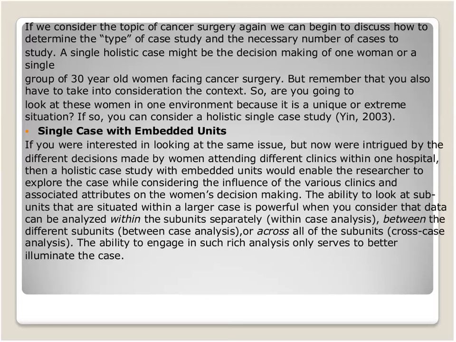For example, we want to investigate cancer surgery among women, all right? So if we choose a single holistic case study, it means we only investigate the decision of one woman or a single unit of respondent, okay? A group of 30-year-old women facing cancer surgery.